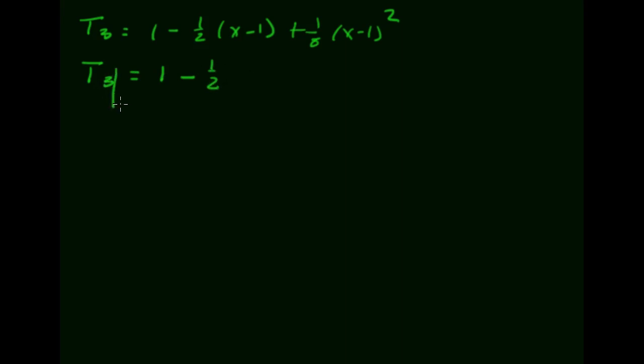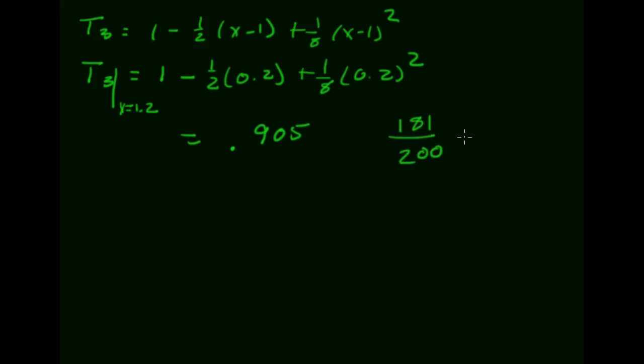So this is when x is 1.2. So 1.2 minus 1 is 0.2. I get a 0.2 here as well. You can literally throw that in the calculator and you're going to get 0.905. I worked it out as a fraction. It's 181 over 200. Either way, that's it.